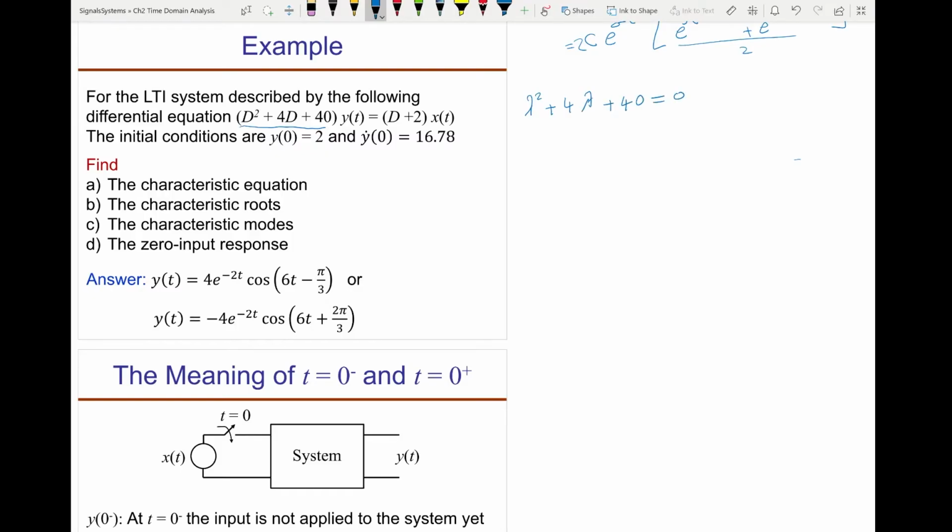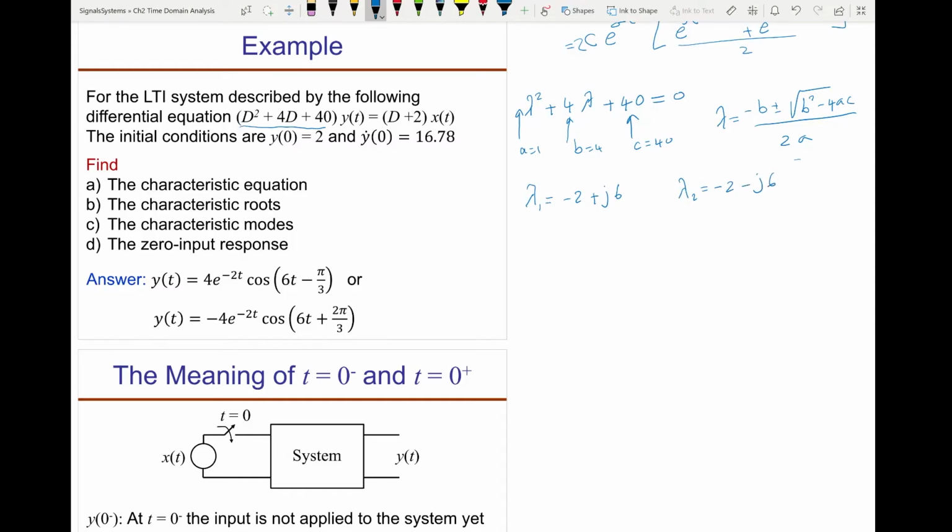And here I can find lambda using the quadratic formula, where A is 1, B is 4, and C equals 40. If you solve this, you will find the two possible values: lambda 1 equals minus 2 plus j6, and lambda 2 equals minus 2 minus j6.